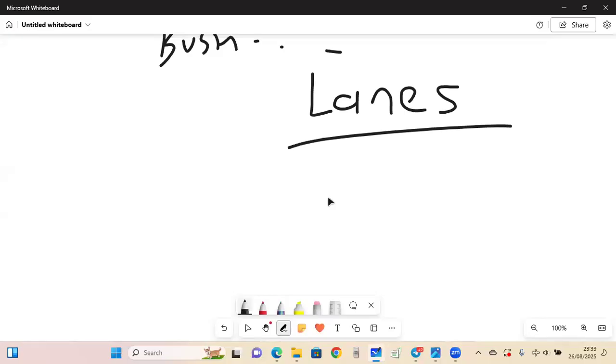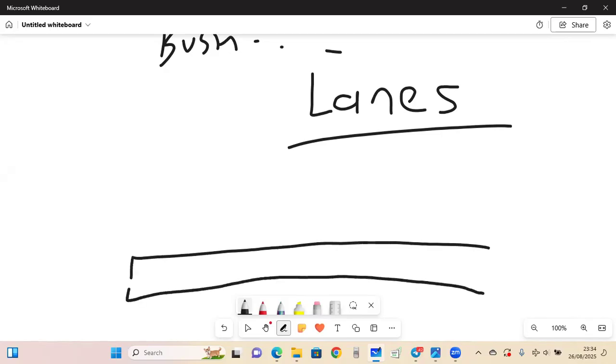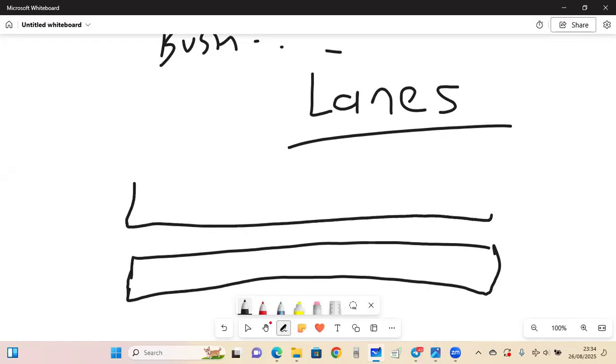Right? So in the BPMN diagram, you will see some boxes like this. And then you will see another one too like this.